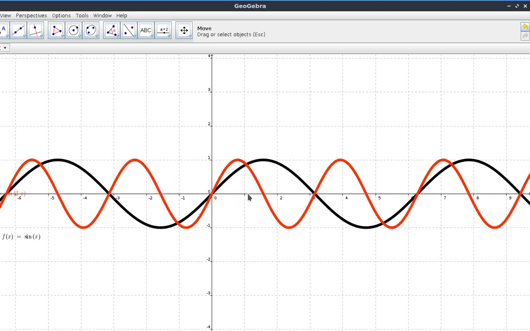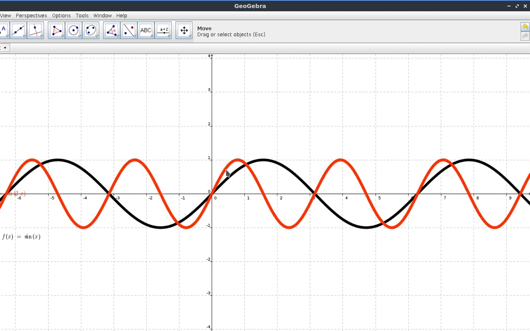When you say 2x, the frequency is twice now. Notice the wavelength of the original black sine wave was 2 pi, 6 point something. But the frequency of the modified one, the red one, is twice, because we go through 2 cycles of the red to match 1 cycle of the black.